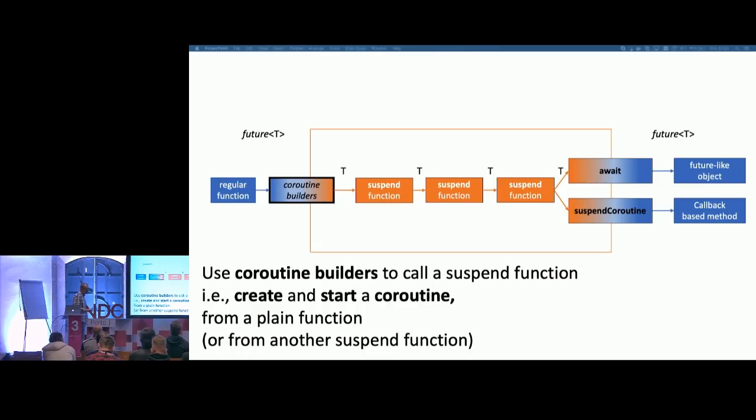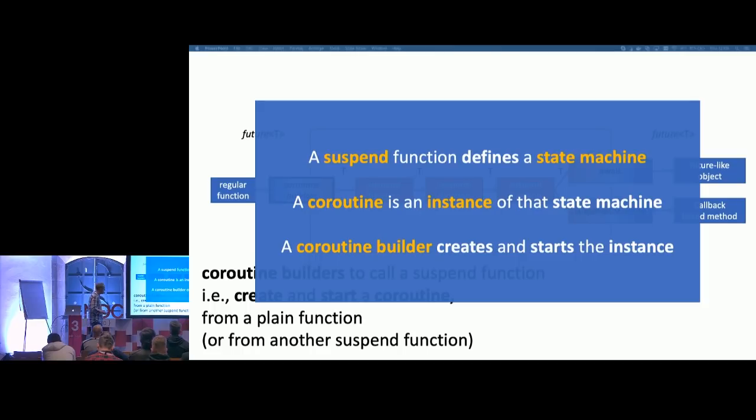So what is a coroutine? Because until now, I've only talked about suspend functions. A suspend function defines a state machine. A coroutine is an instance of that state machine. A coroutine builder creates and starts an instance of a coroutine. And I like to think of coroutines like very lightweight threads that don't take 1 megabyte of stack.